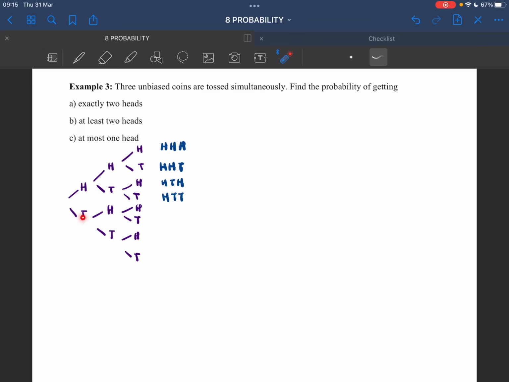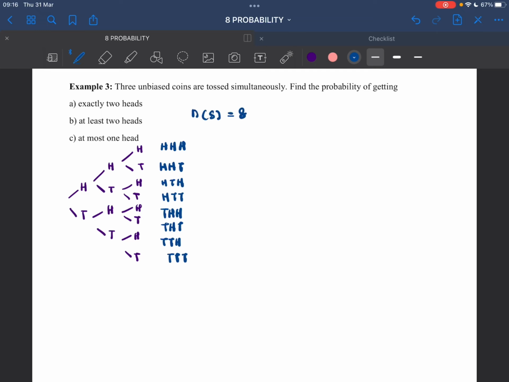Start with T: T, H, H, and then T, H, T, and then T, T, H, and the last one is T, T, T. Okay, so we have 1, 2, 3, 4, 5, 6, 7, 8 outcomes, or we can say you have 8 as the number of sample space.